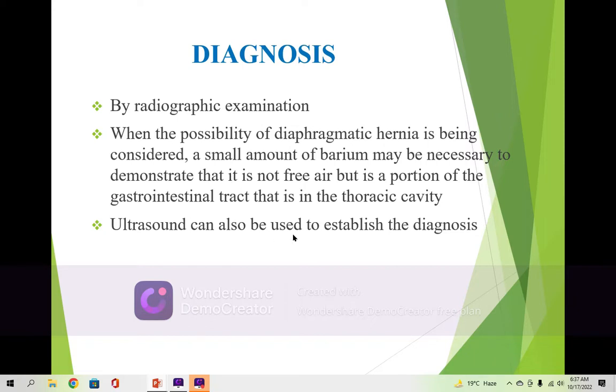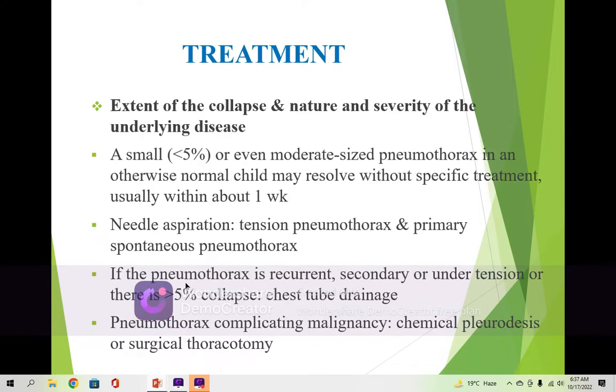Ultrasound can be used also to establish the diagnosis because the sonographic picture is very different on this side, where only air is there. And it can also diagnose hydropneumothorax indirectly.